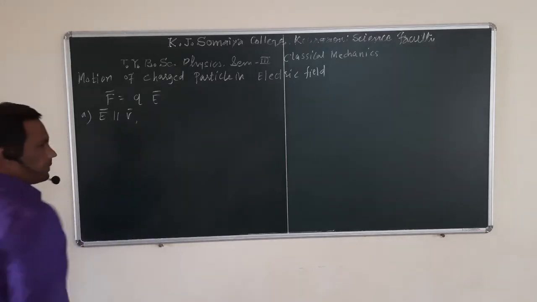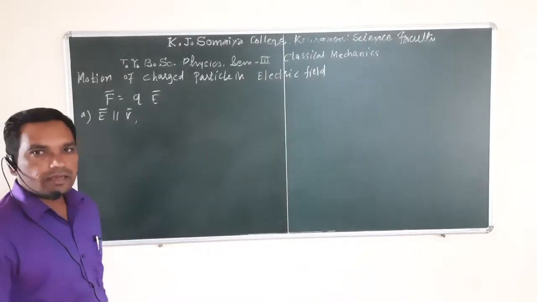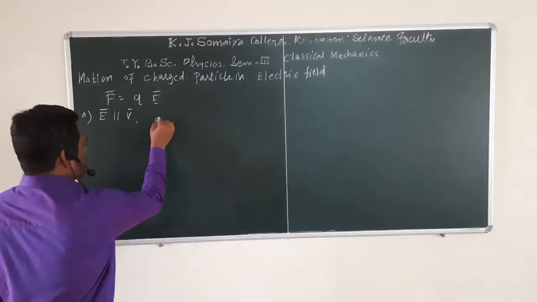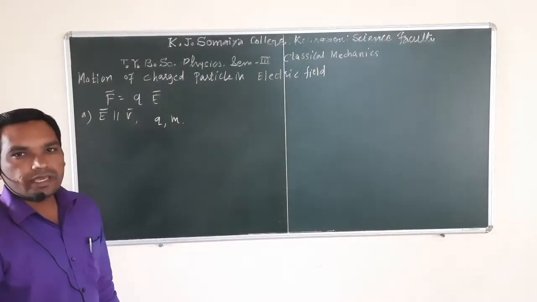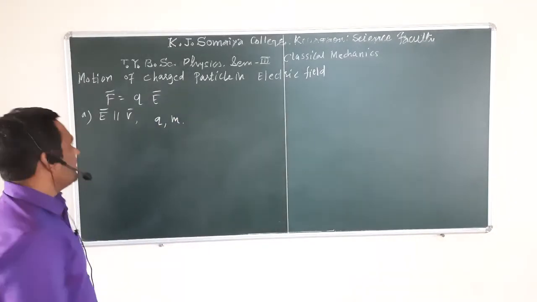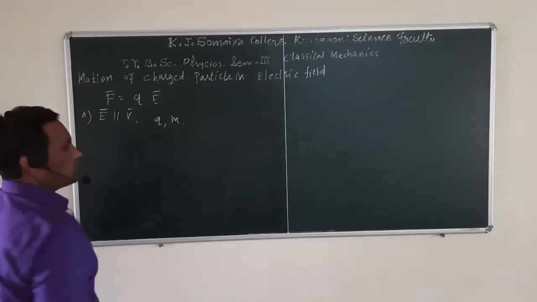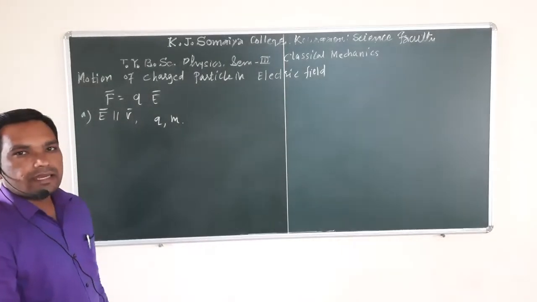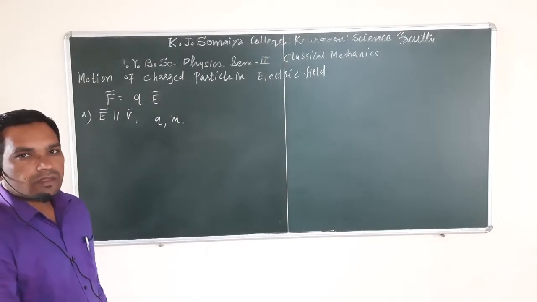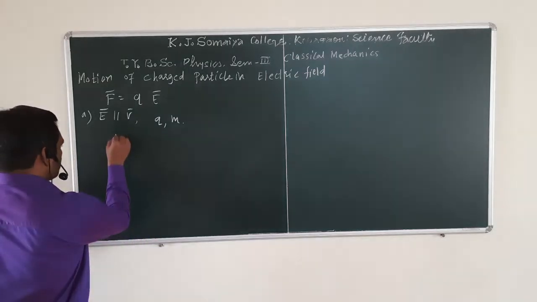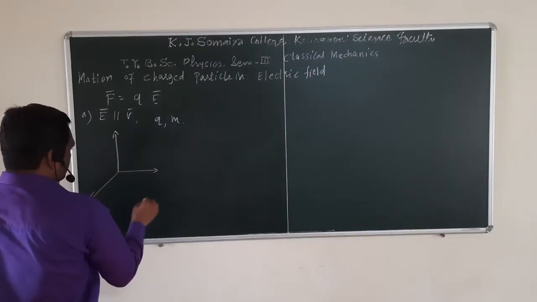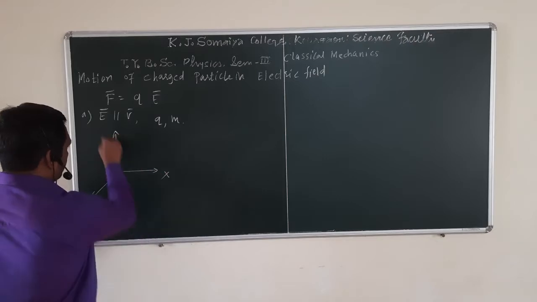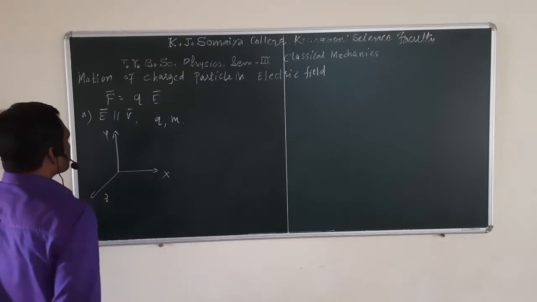Consider a charged particle which has charge q, mass m, and is moving in such a way that its velocity is parallel to the externally applied electric field. How can we show that? Suppose these are the three axes, X, Y, and Z axis.